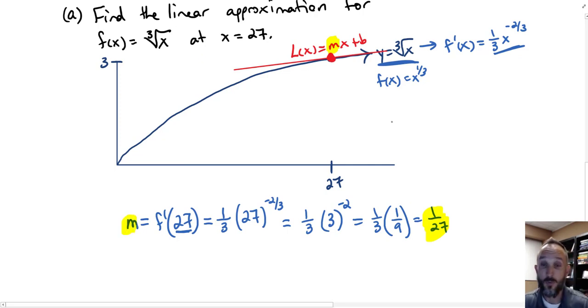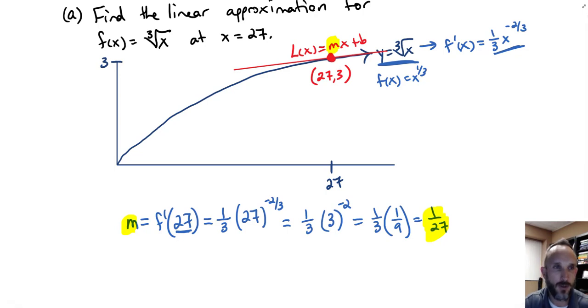Now, we know the slope, now we have to find our b. The easiest way to do that is to understand that this point in red is a point on the curve and it's also on the line. So this point is where x is 27 and y is 3.